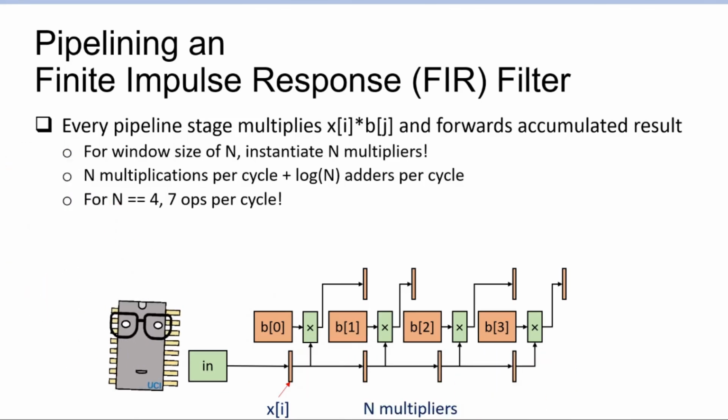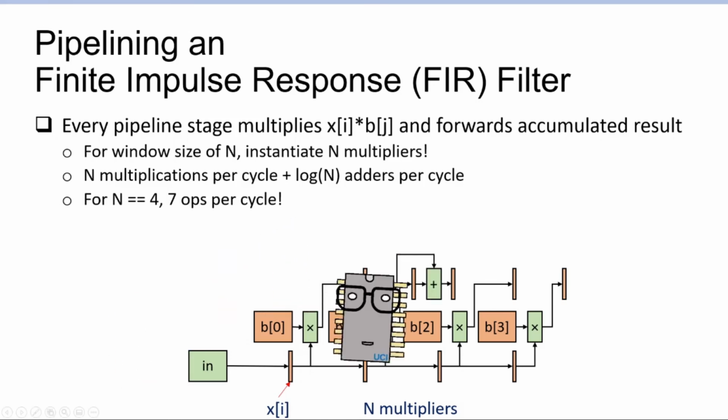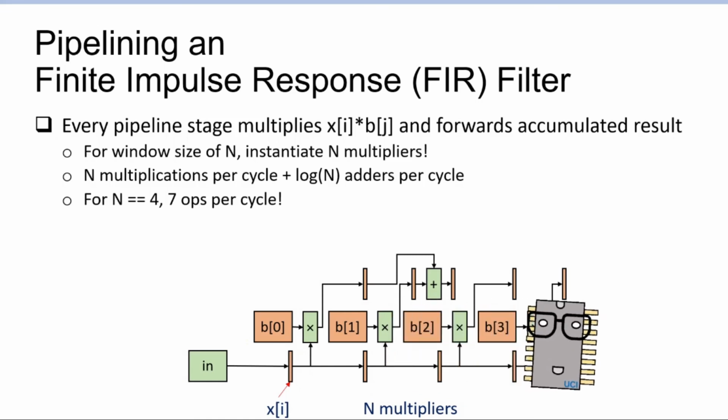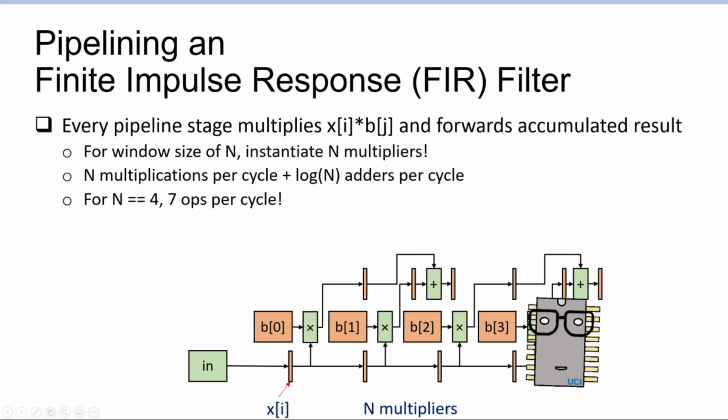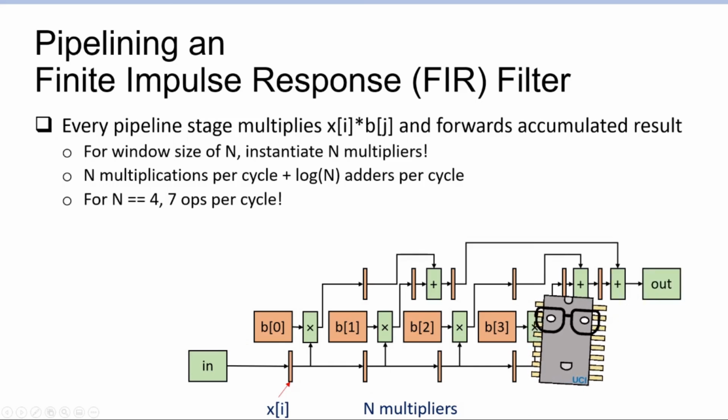And once all the multiplications are done, we can also parallelize the addition process by first having a dedicated adder for adding these 2 things together, and another dedicated adder for adding these 2 things together. And then, because now there's 2 elements, we can have another dedicated adder for adding these 2 values together. So there's 3 adders operating in parallel.